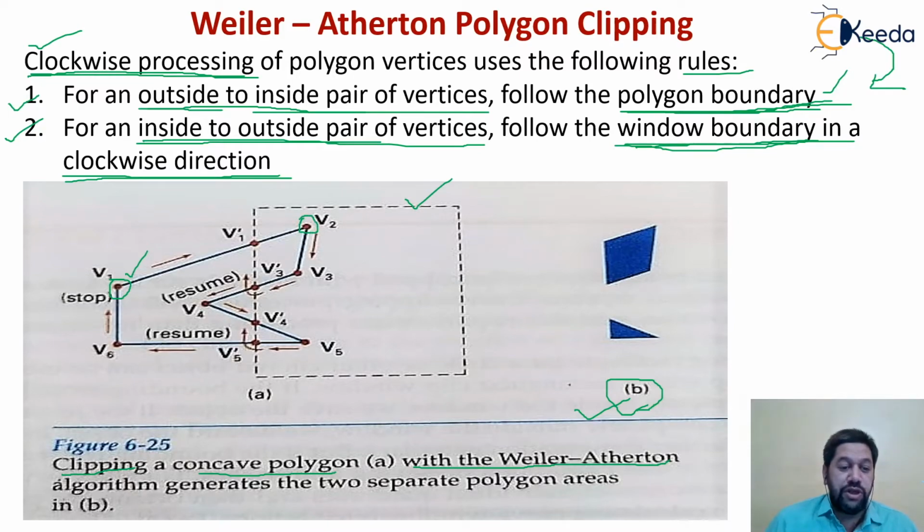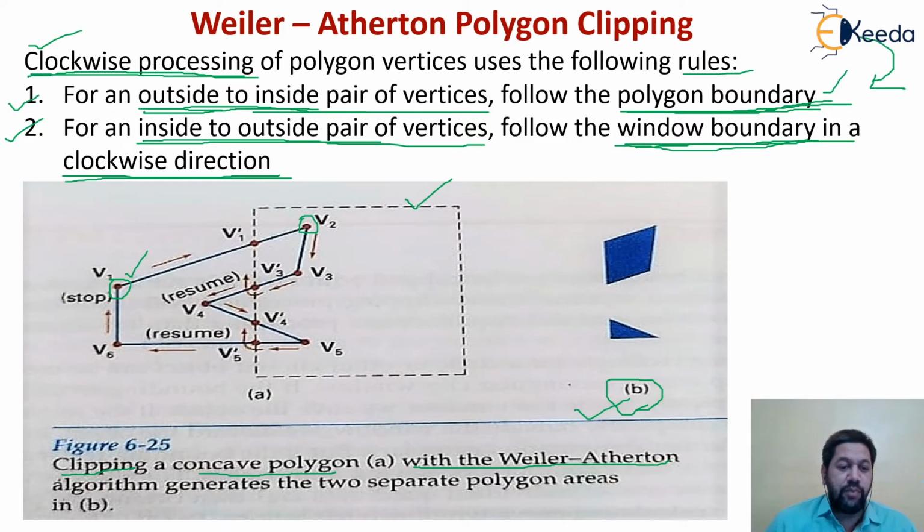Now, what do V1 and V2 come under? V1 and V2 come under rule number 1, outside to inside. My V1 is outside, my V2 is inside, so it comes under the out-in pair. So what do I have to follow? I have to follow the polygon boundary.